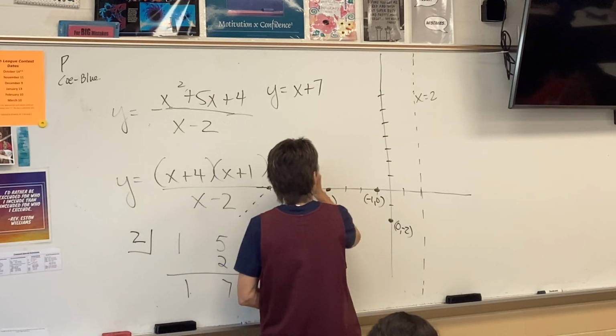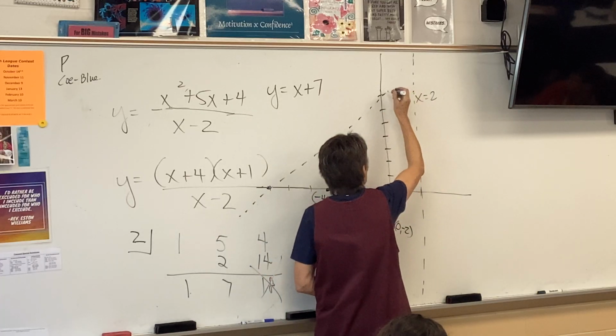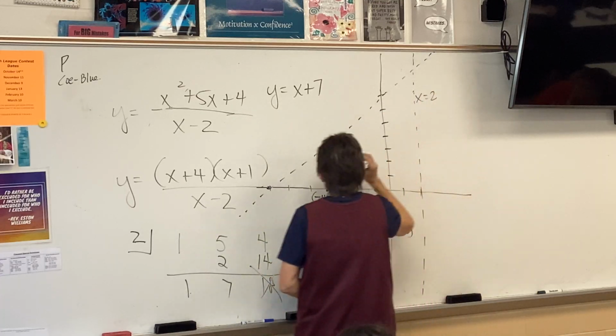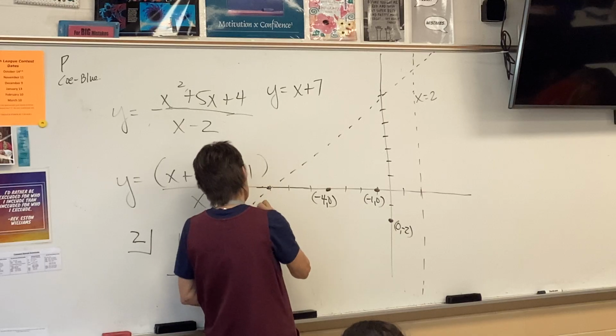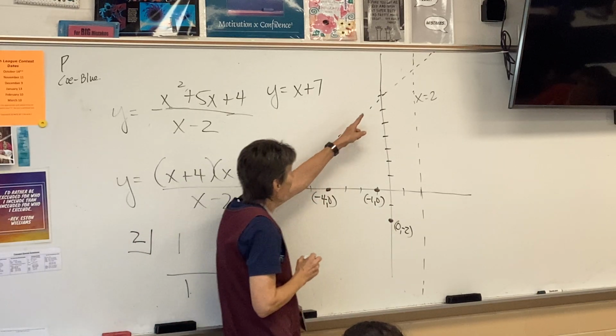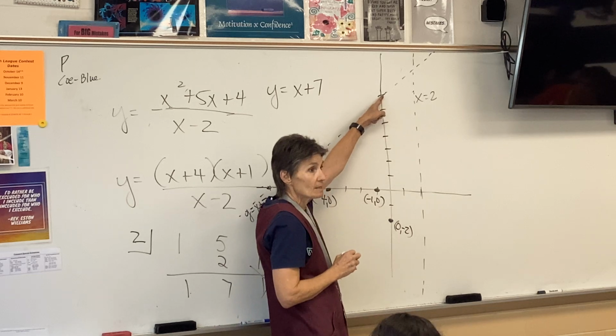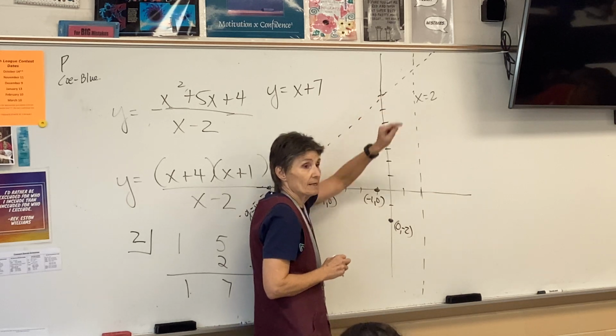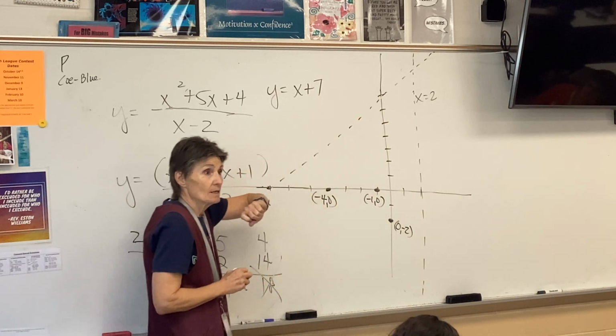I'm not a very good line drawer, but I'm going to try to draw that in there. That is the line y equals x plus 7. It has a y-intercept of 7 and a slope of 1.